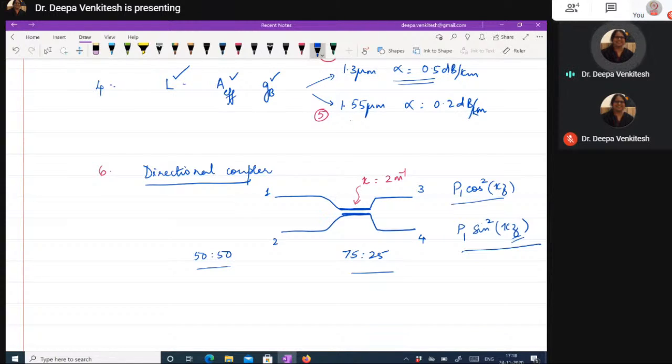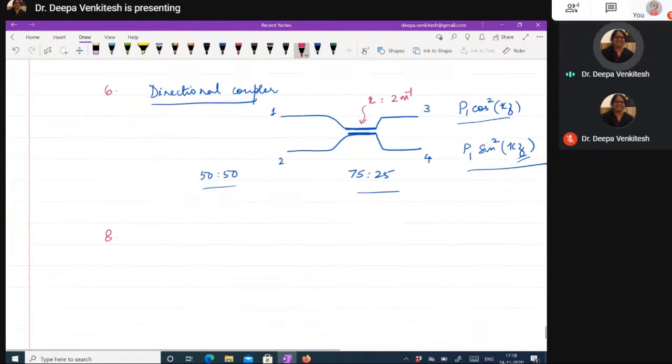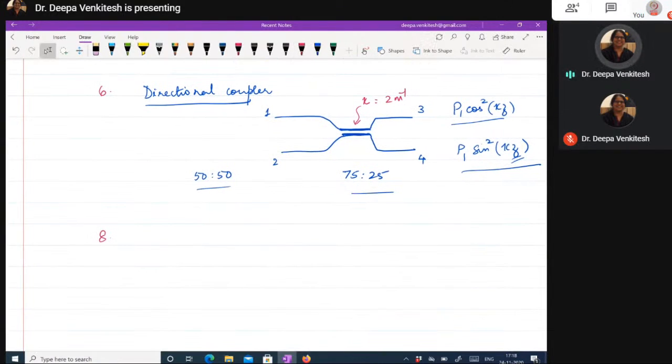Let me move on to question 8. Which of the following components can be used as a WDM demultiplexer to extract a single channel? That's again a direct question. When you've gone through the lectures, you will know the answer.